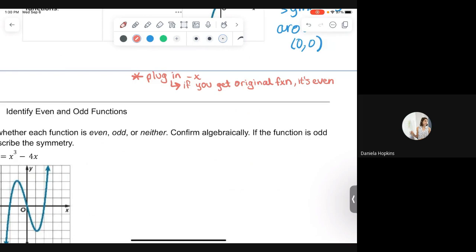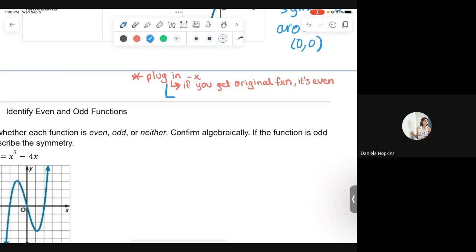So you'll plug in negative x, and it's sort of like plugging in negative 1. You're just looking at the signs. You'll get something that's even. I'm going to do 3 colors. All right.